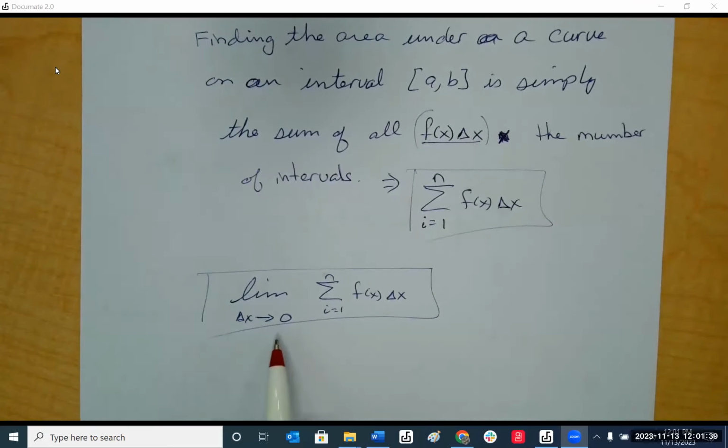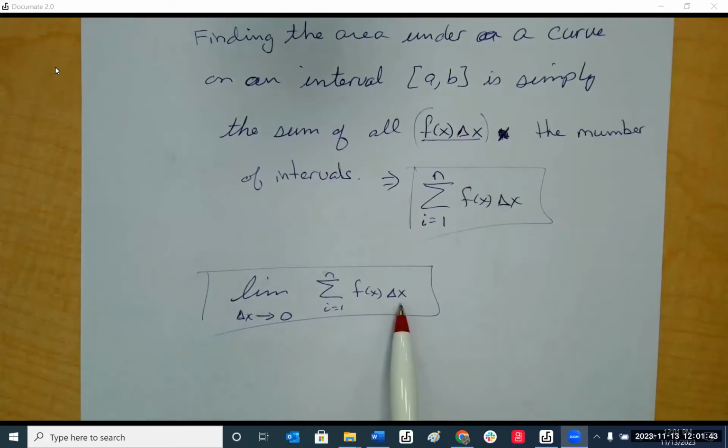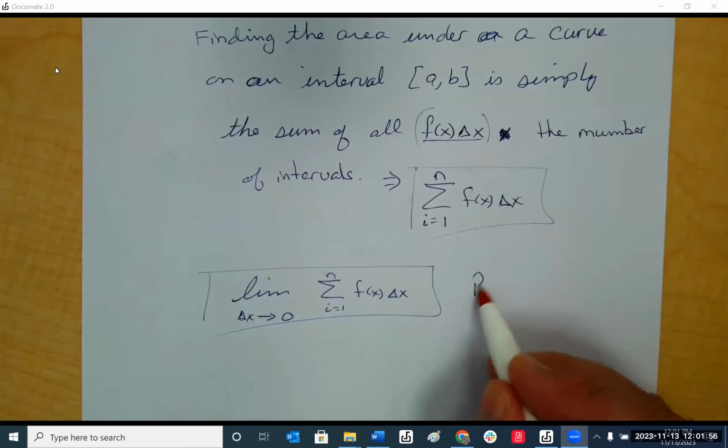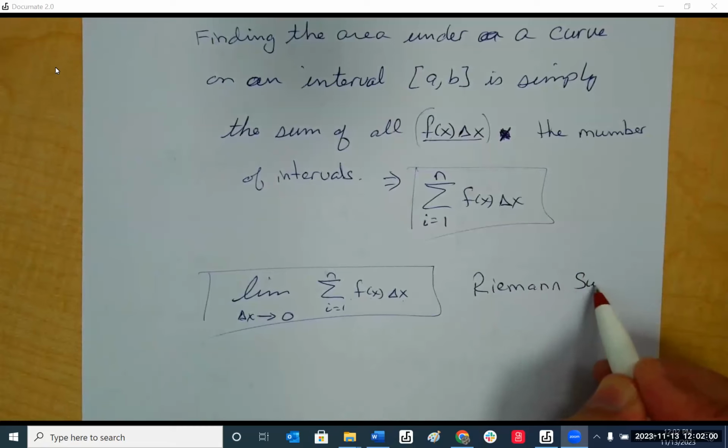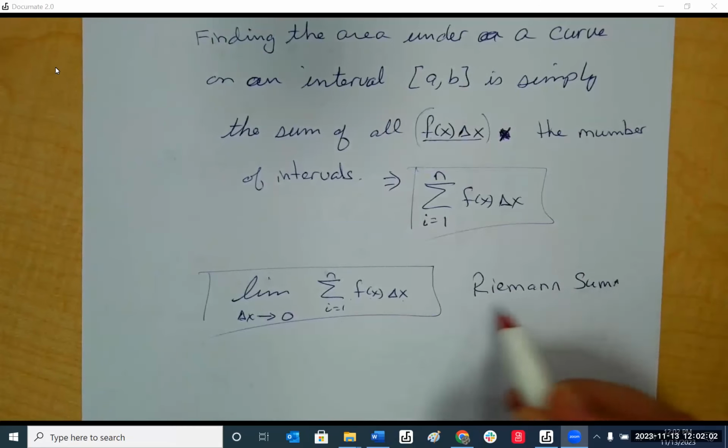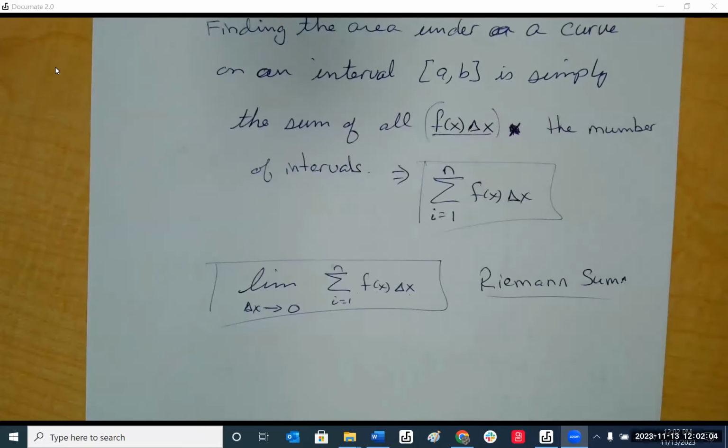So as your delta x goes to 0, all of these little small differences disappear. We eventually have the correct area. This is called the Riemann sum. This is how you find areas.